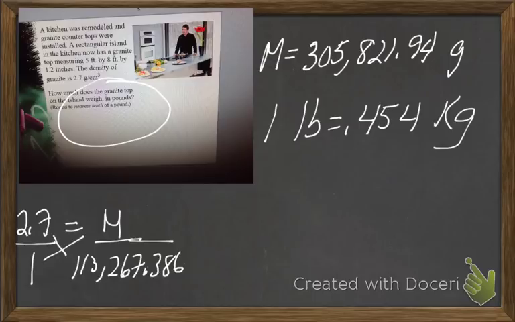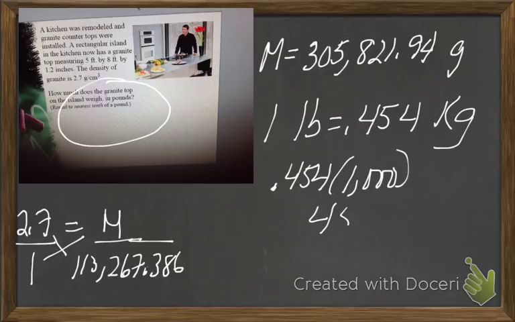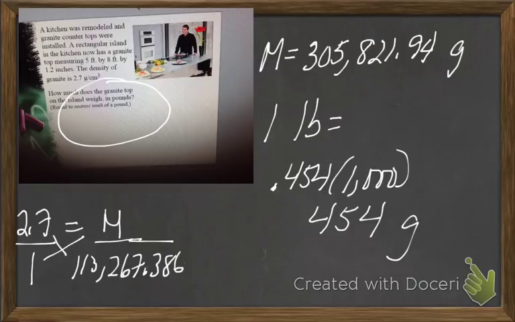So in order to go from kilograms to grams, you have to take that 0.454 and multiply it by 1,000. Okay, so when you multiply that by 1,000, you're going to get 454 grams. So what we're saying is that 1 pound equals 454 grams.